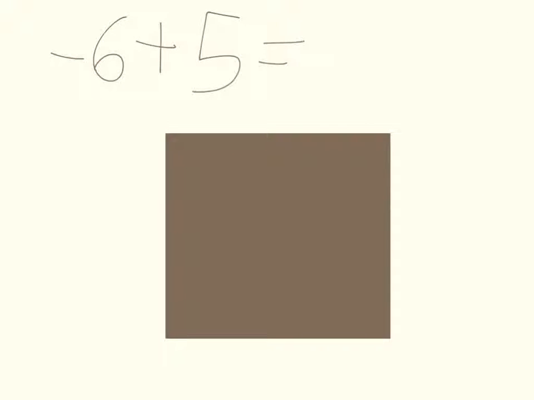Now on your notes piece of paper, I would like you to try -6 plus 5 using negative and positive counters. Then cross out your 0 pairs. While you draw the picture, I am also going to start adding my negative counters.